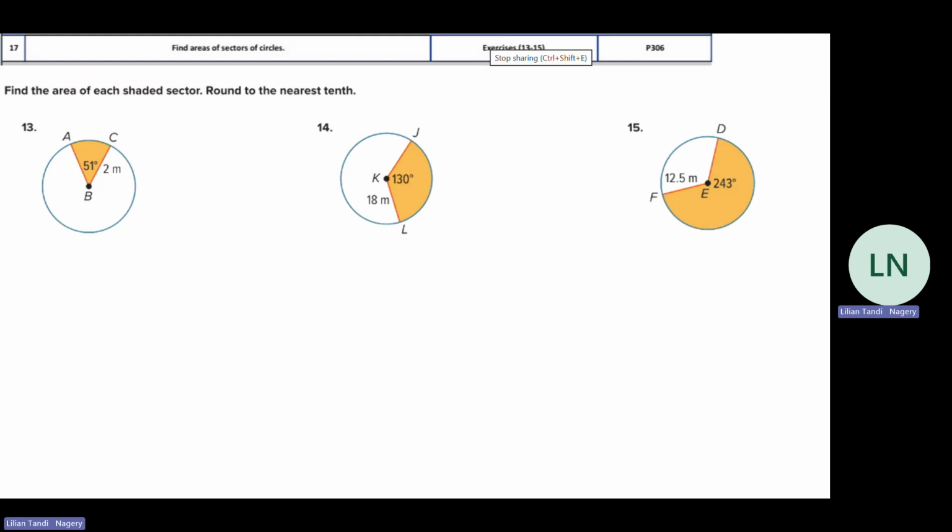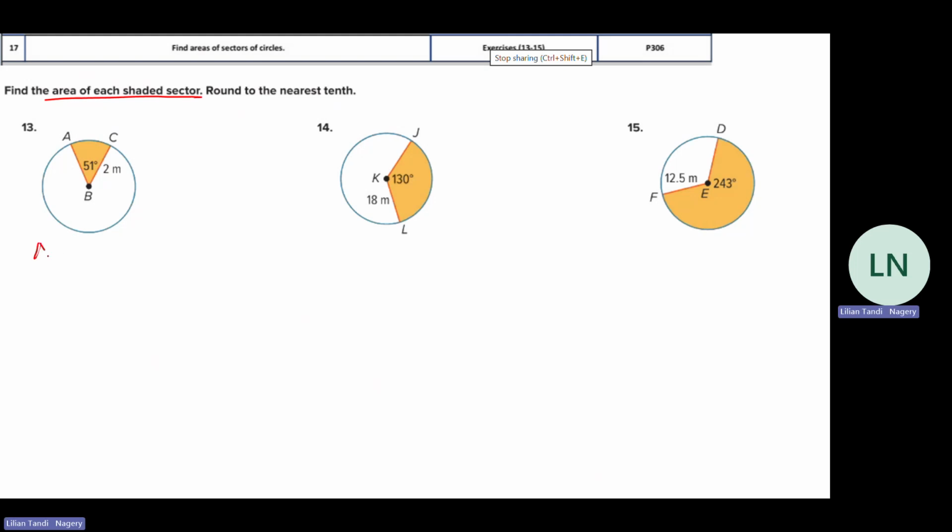So now we've been asked to find the area of each shaded sector. There is a formula.